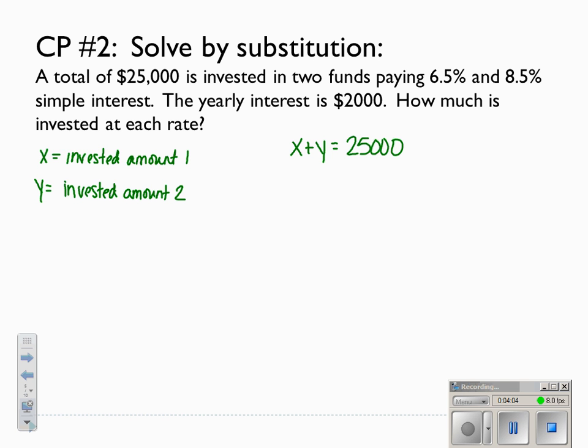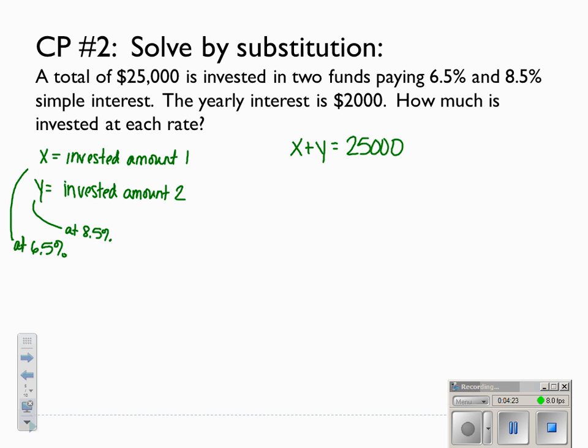Now, our other information. The first investment that we're making is at 6.5%. The second amount we know is going to be invested at 8.5%.